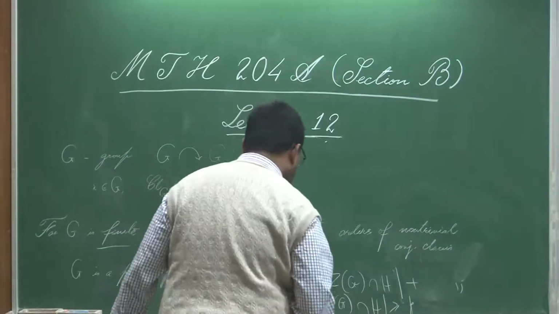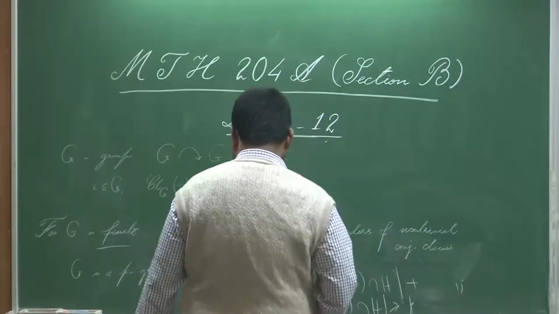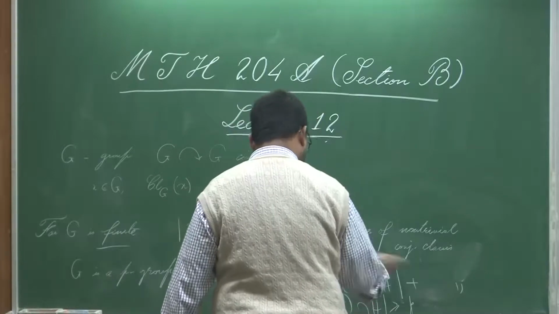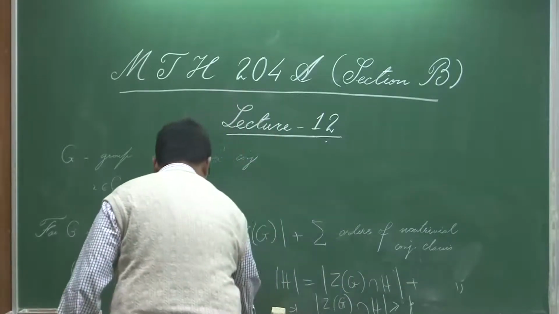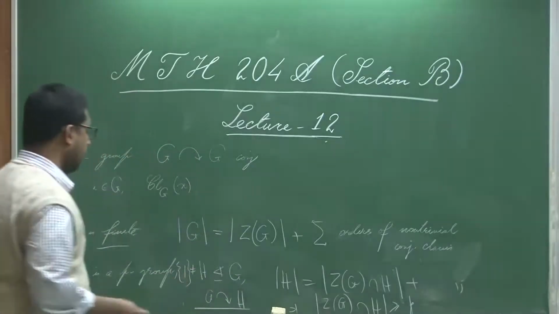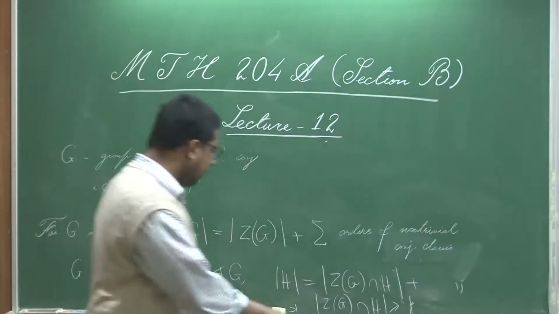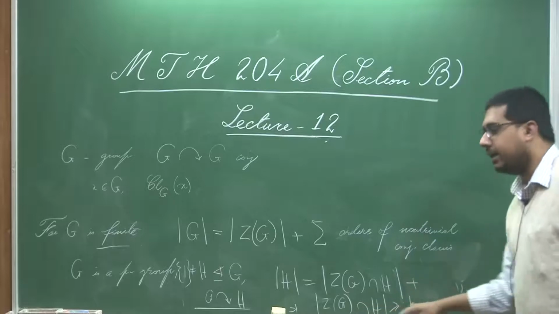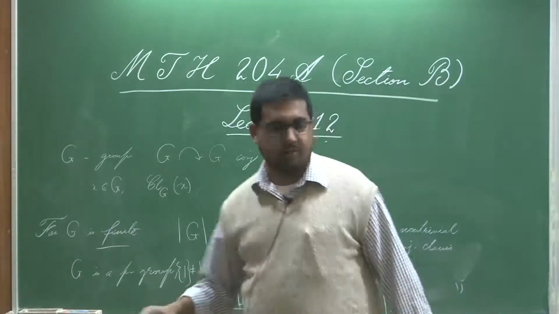So we are considering the action of G on H, because H is a normal subgroup. So the action of G on H by conjugation makes sense here. So every non-trivial normal subgroup of G intersects the center non-trivially.